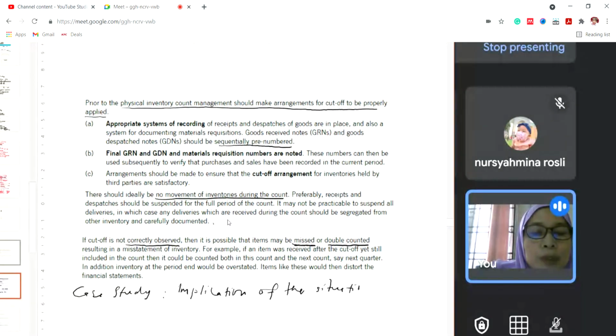This is the time you include the things that might happen if the cut-off is not properly observed or the inventory count is not properly done by the management: the inventory figure might be understated or overstated.